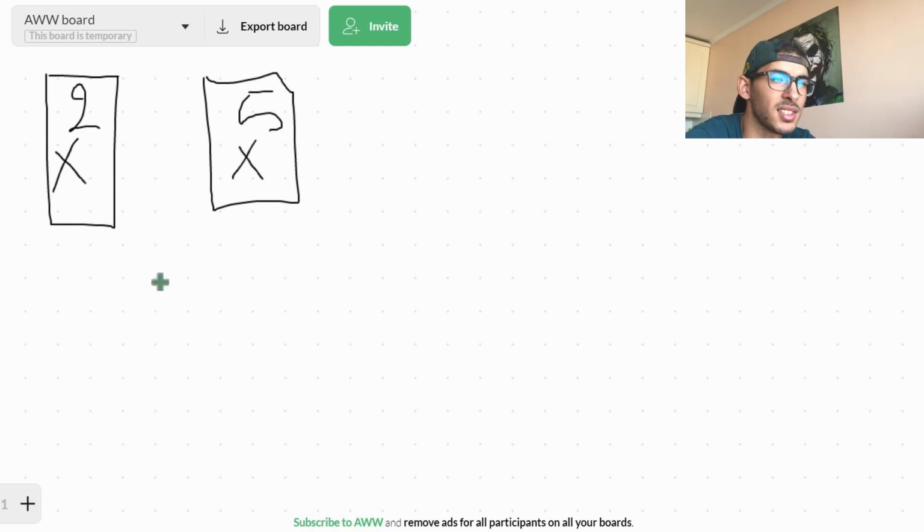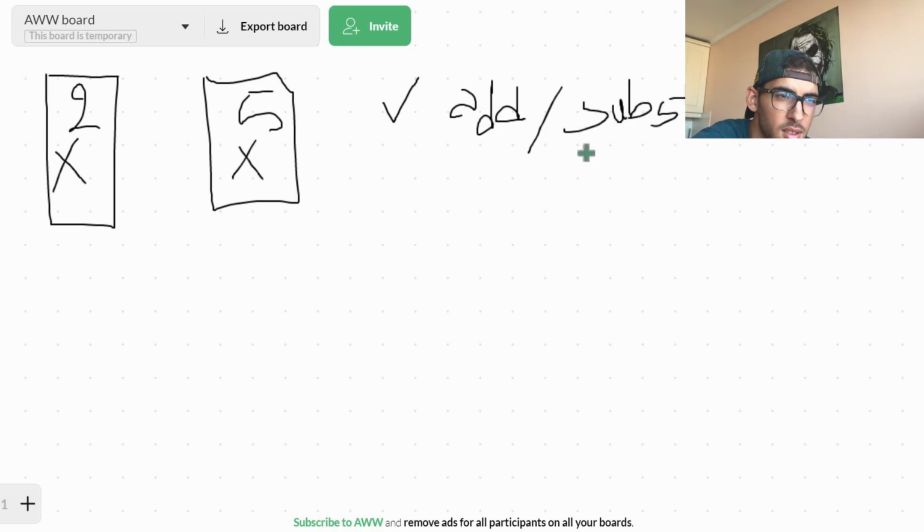Alright, so that being said, a linear function is simply a transformation which is done in a linear way. A question arises: what do we mean by a linearly transformed number? The answer is this. A linear transformation is either add or subtract something to the number, and by something I mean a real number.